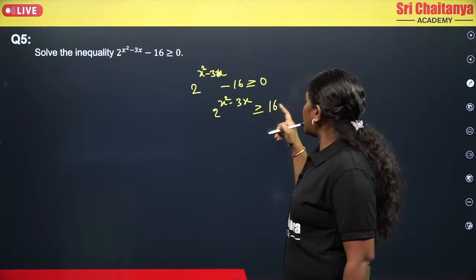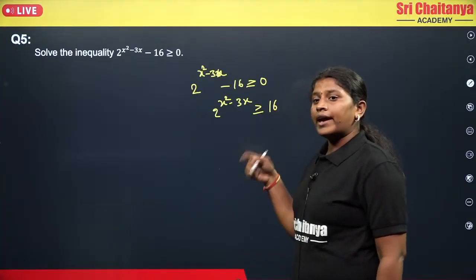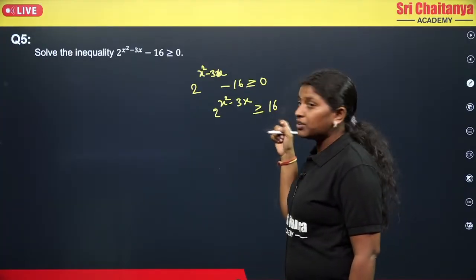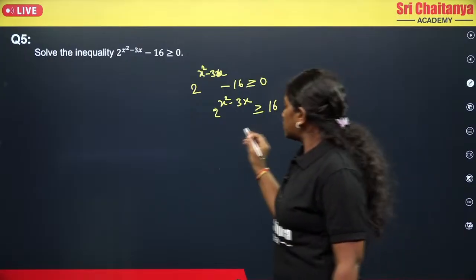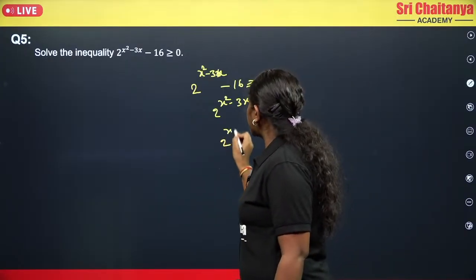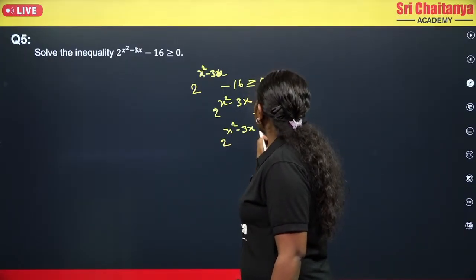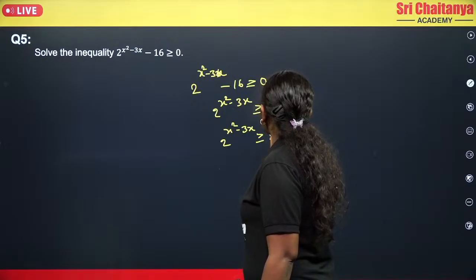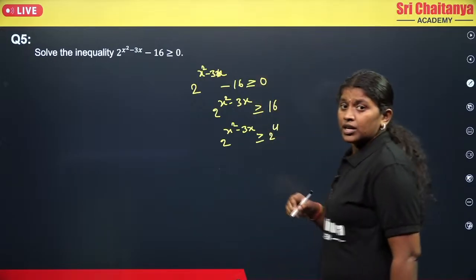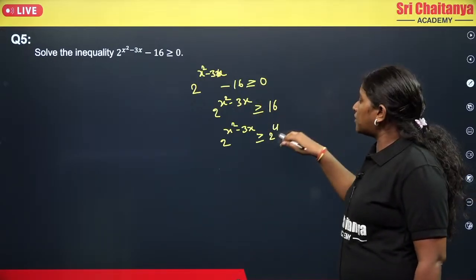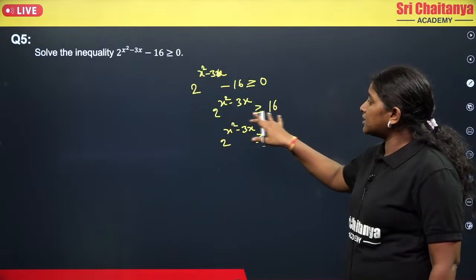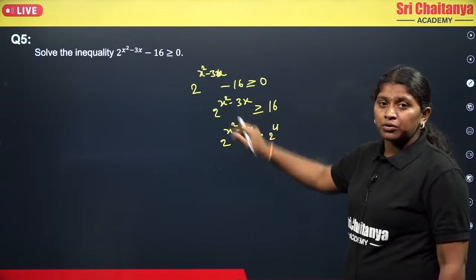Now coming to here, convert this 16 into exponent and power form. So 16 can be written as 2 to the power 4. So here it will become 2 to the power x square minus 3x greater than or equals to 2 to the power 4. So 16 is a multiple of 2, right?